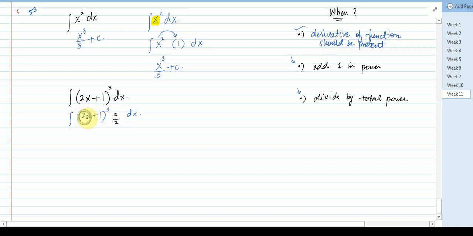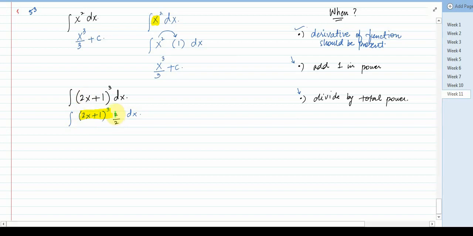When 2 is here, then you can easily integrate that function, and the division by 2 will remain the same. Alright, why do we multiply and divide? Because if we cancel these 2, it will be left with 1, so it won't affect my question. Alright, that is my function.